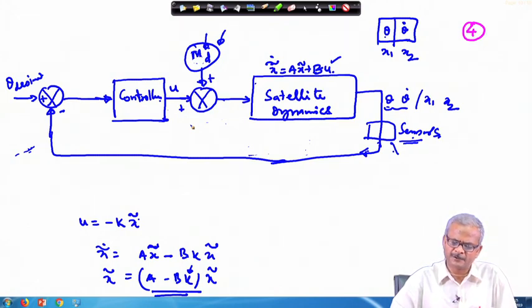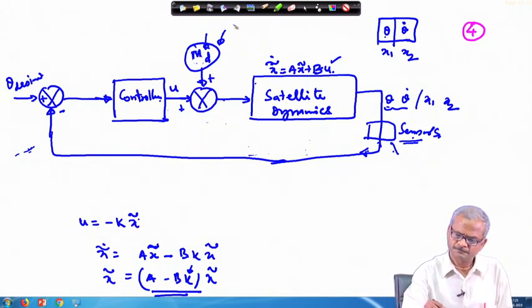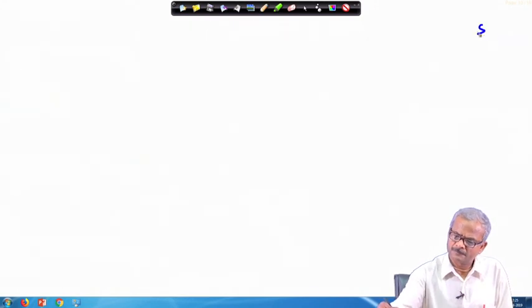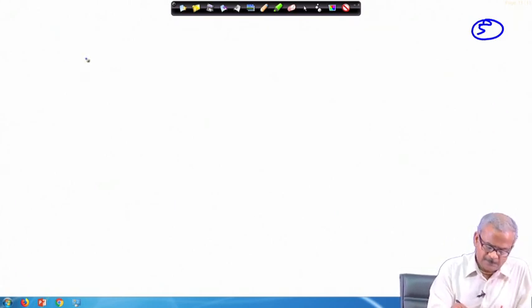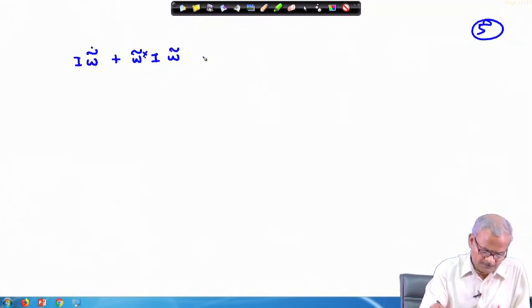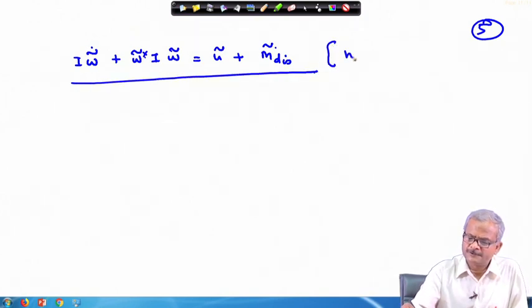A simple control you can always design. Okay, so, this is your nonlinear system.